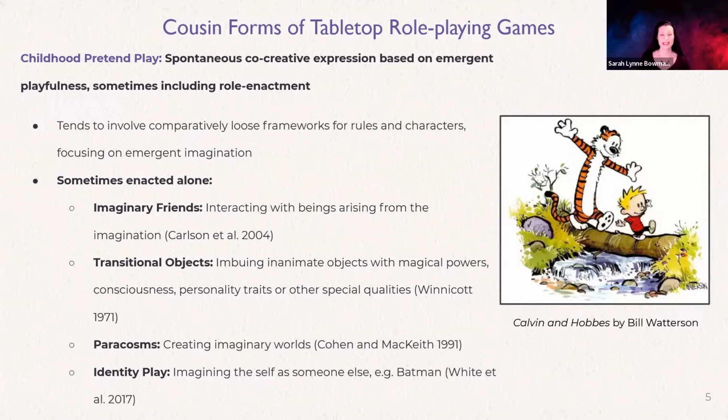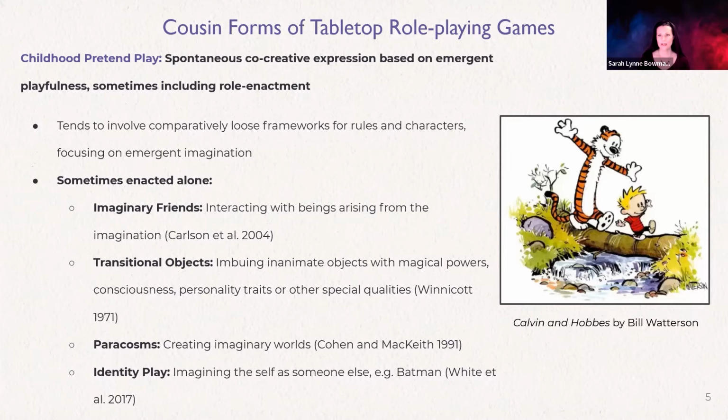A transitional object, which is imbuing inanimate objects with some sort of magical powers, consciousness, personality traits, or other special qualities. There are things called paracosms, where people create imaginary worlds. And then there's identity play, where children imagine the self as someone else, for example, Batman or another character that they admire. All of these things will come into play, as we'll see, with tabletop role-playing games.